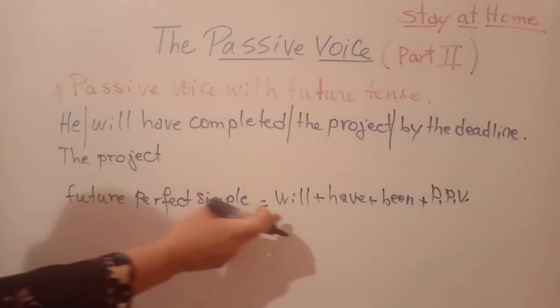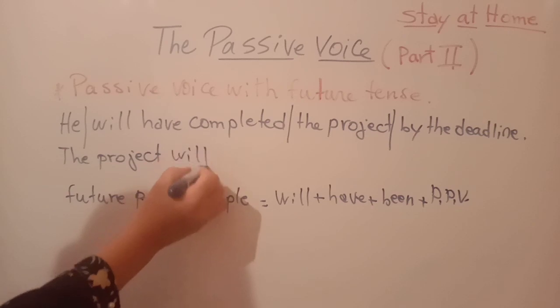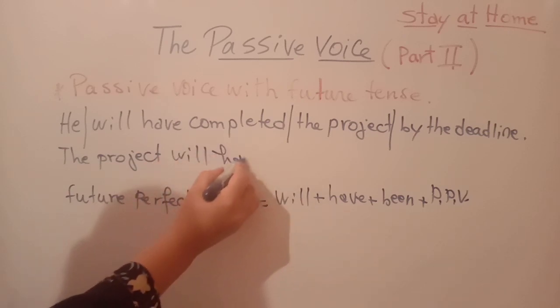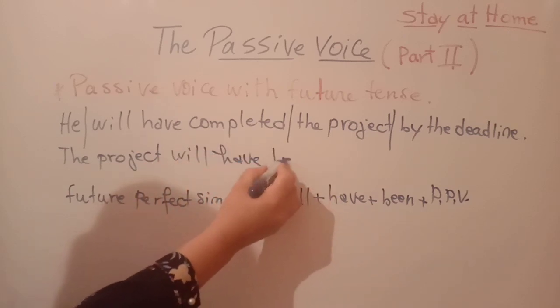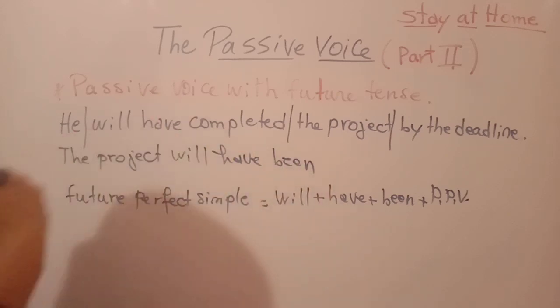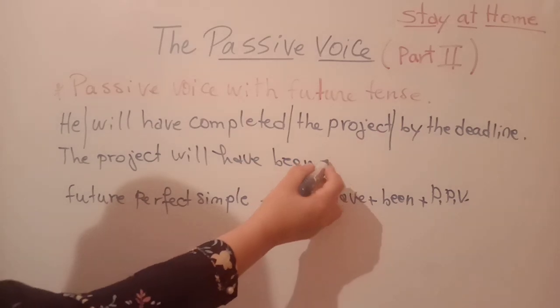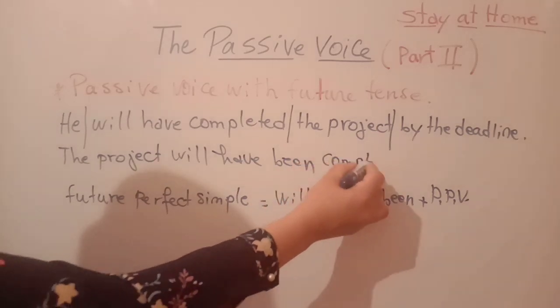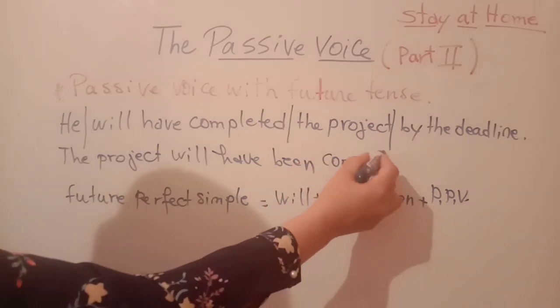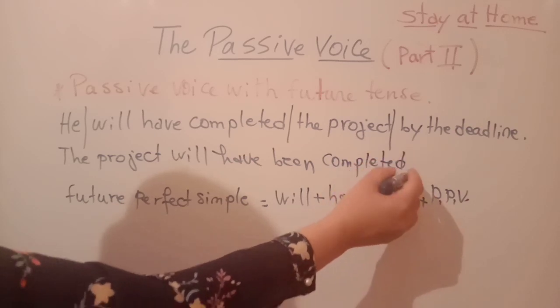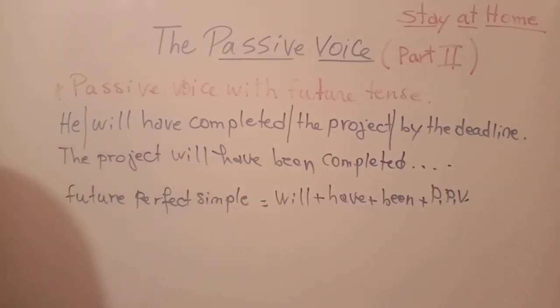So the project will plus have plus been, then the past participle of complete, so it's regular with verb plus ed, will have been completed, okay, by the deadline. We don't need to use by him. The project will have been completed, right?